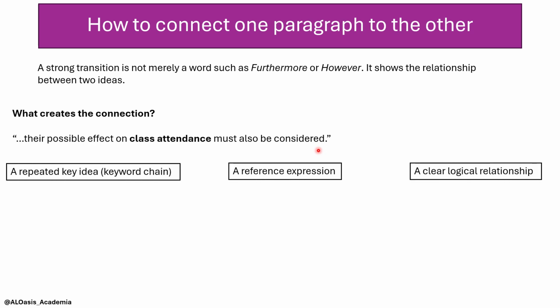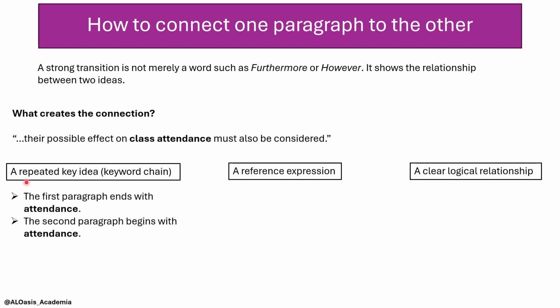There are three main ways to connect the new paragraph to the one before. The first one is a repeated idea. What do I mean with a repeated idea? If the first paragraph ended with the idea of class attendance and its effect on students, and how that is related to the recorded lectures, then you can start the second paragraph also with the attendance idea.